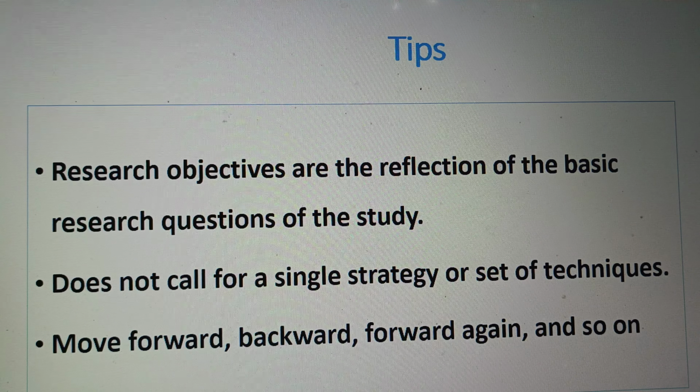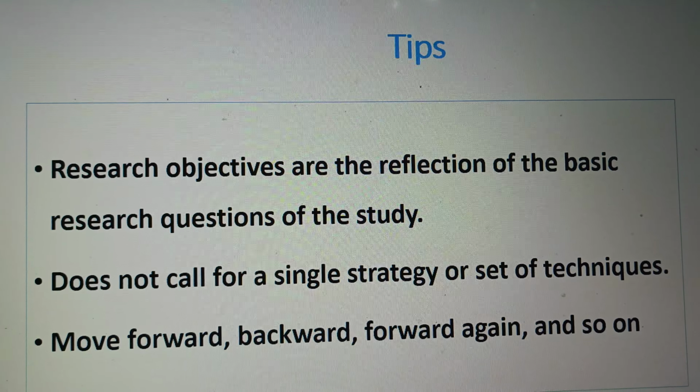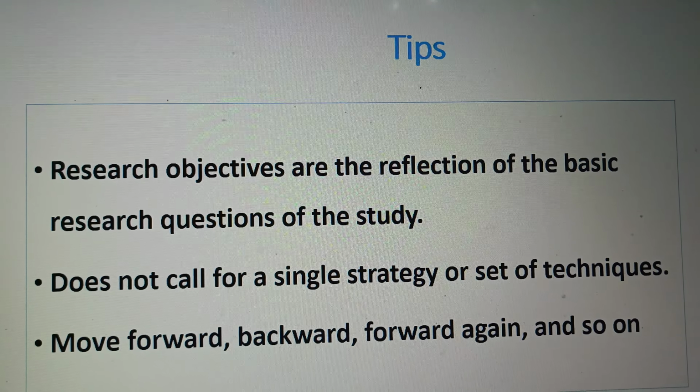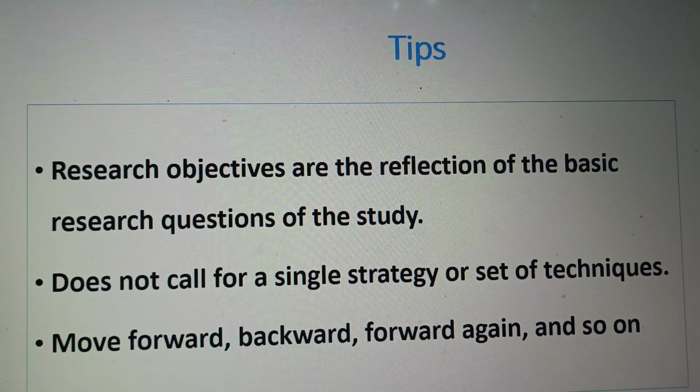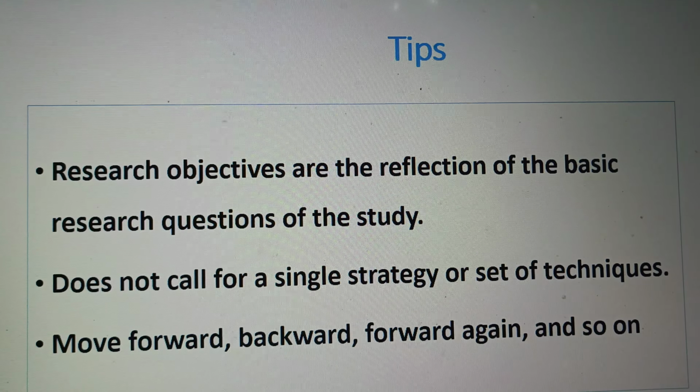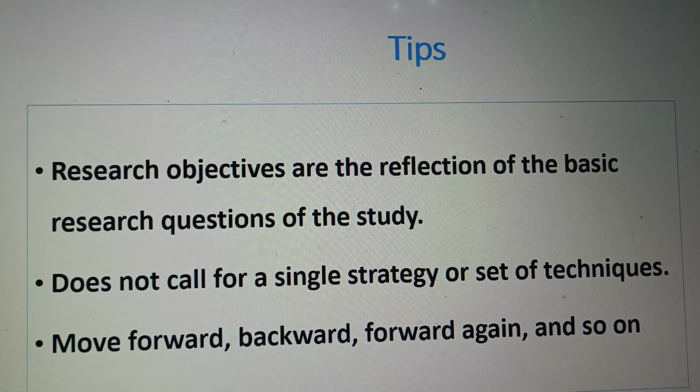Let us see certain tips about research. One tip is that research objectives are a reflection of the basic research questions of studies. This is what I have already said.